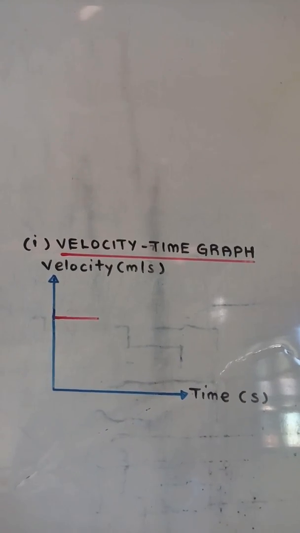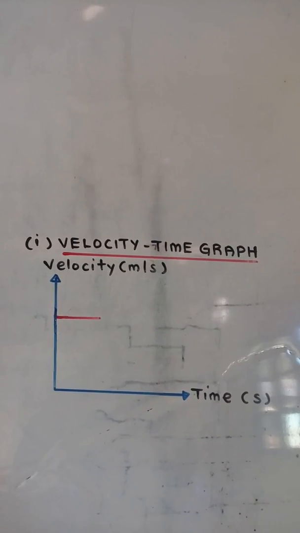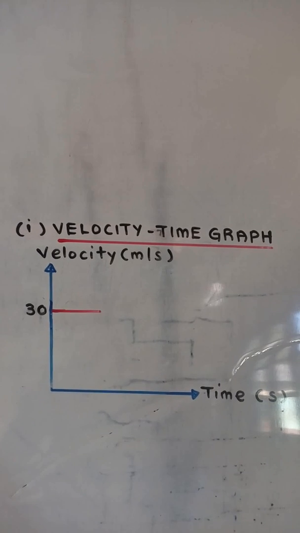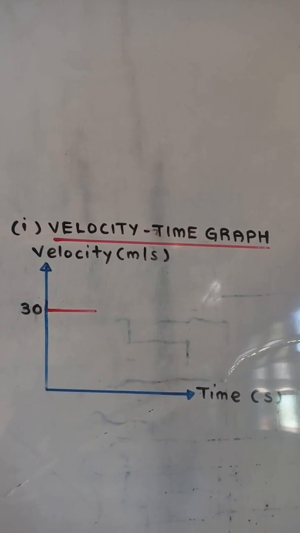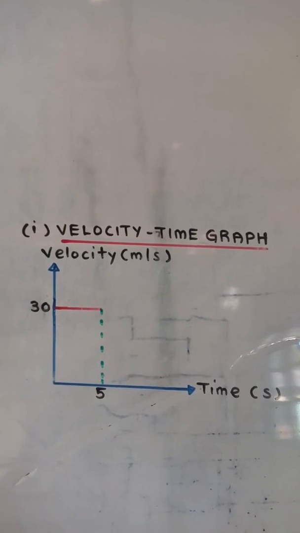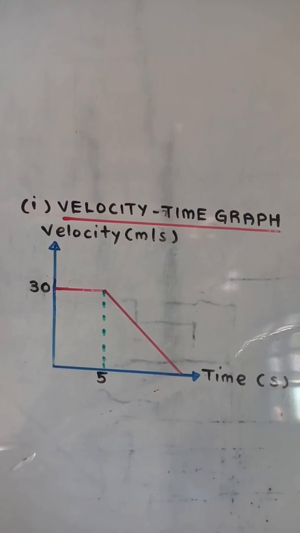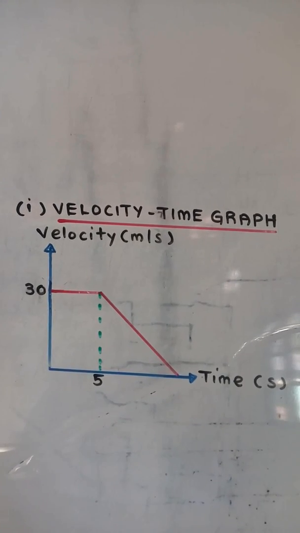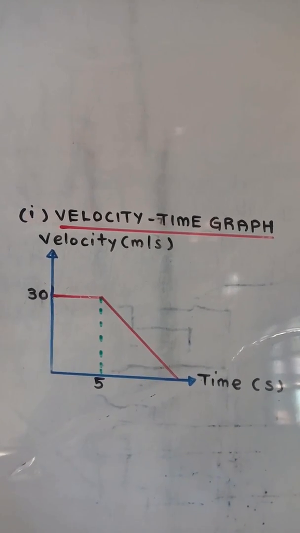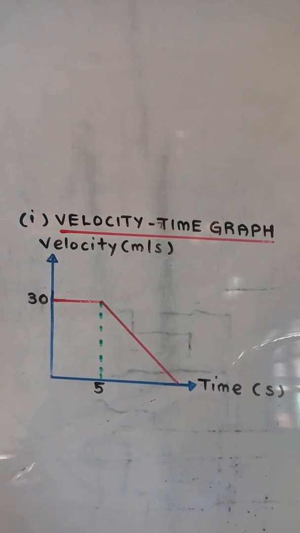A car travels with uniform velocity of 30 meters per second in 5 seconds and then comes to rest in the next 10 seconds with a uniform deceleration.